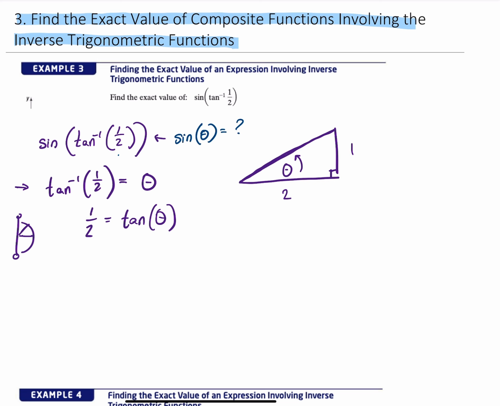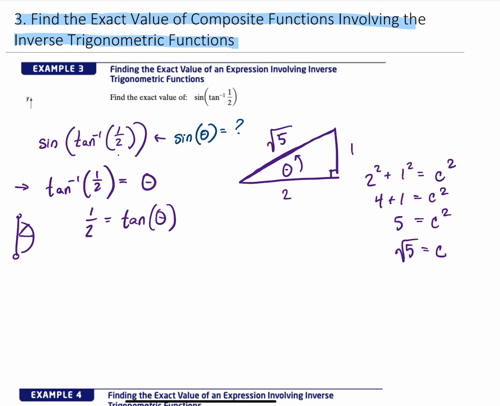Sine is opposite over hypotenuse, so let's find out what this missing hypotenuse is via the Pythagorean theorem. We can say 2 squared plus 1 squared equals c squared. So 4 plus 1, 5 is equal to c squared, so square root of 5 will equal c. That will be our hypotenuse here.